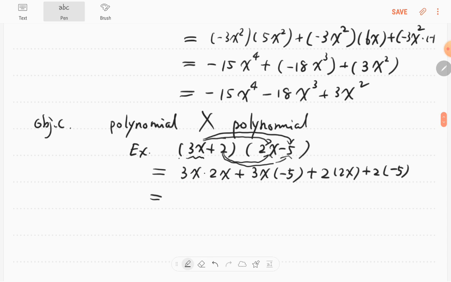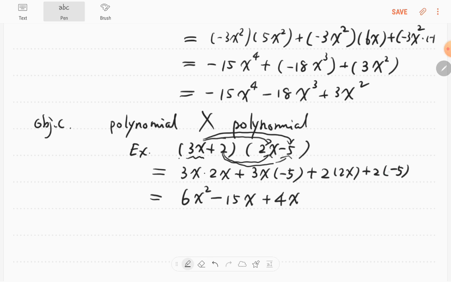Next step, we still need to do the multiplication with the monomial. So here, 3 times 2, 6. x times x, we will get x squared. For the second term, we will have 3 times negative 5. We'll get negative 15 and just x, right? The next term, we will have 2 times 2, so 4, and we only have x.